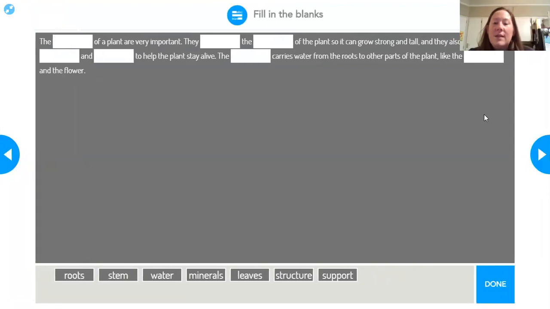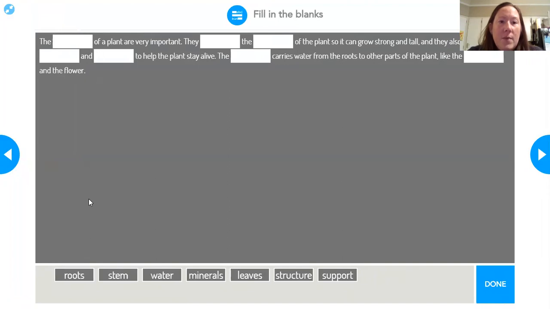So now we're going to take a look at our vocabulary and how we can apply the terms we just looked at to the words below. So there are definitely fill in the blanks. Let's first review our words. We have roots, stem, water, minerals, leaves, structure, support.